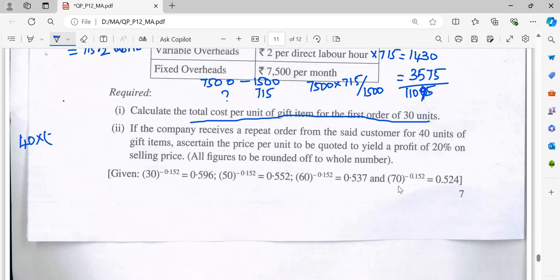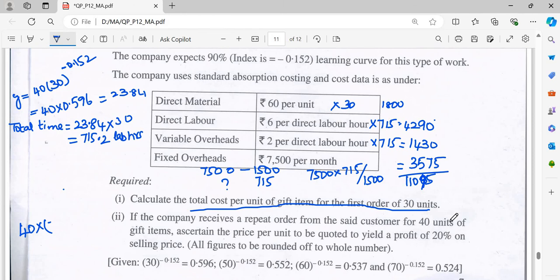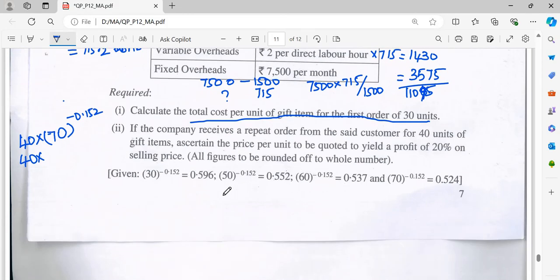That is already we are having 30 units. Now additional units as 40. So 70 units together, 70 to the power of my index value, that is minus 0.152. So we will be getting 70 to the power of minus 0.152 will be 0.524.